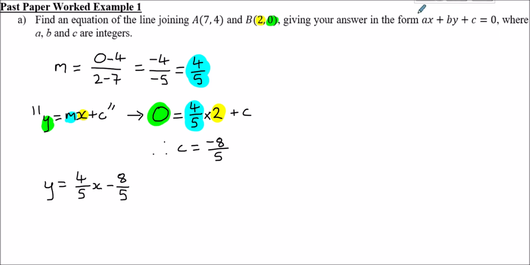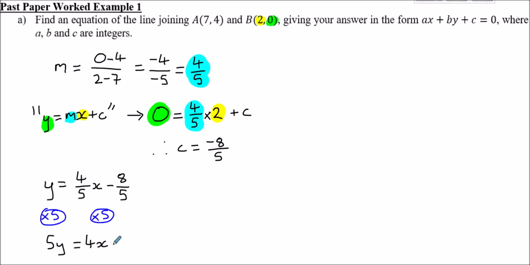It'd be tempting to think we're done because we have an equation of this line. However, we need it in this particular form. So what I'm going to suggest we might want to do is to get rid of these denominators by multiplying all sides by 5. So the left-hand side, after I've multiplied by 5, is going to become 5y. This is going to become 4x.